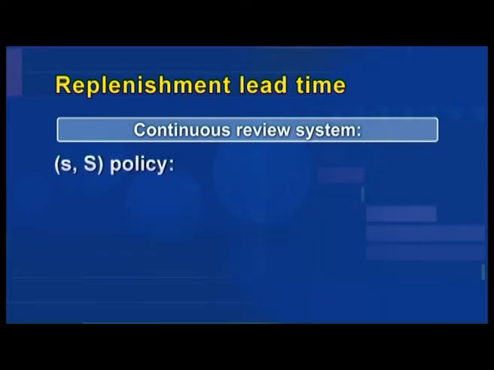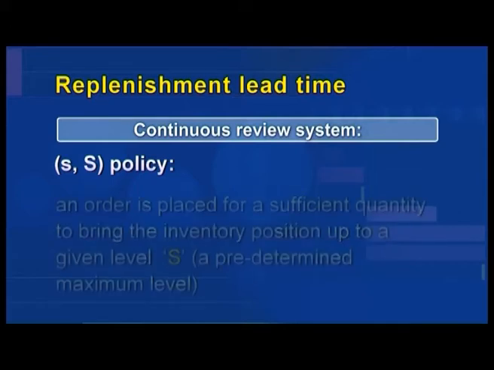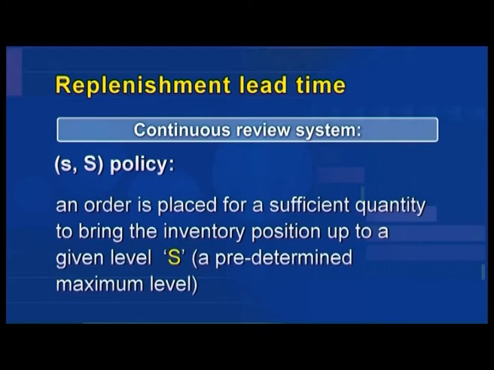sS policy. Whenever the inventory position, items on hand plus items on order, drops to a given level, s, or below, an order is placed for a sufficient quantity to bring the inventory position up to a given level, S, a predetermined maximum level.